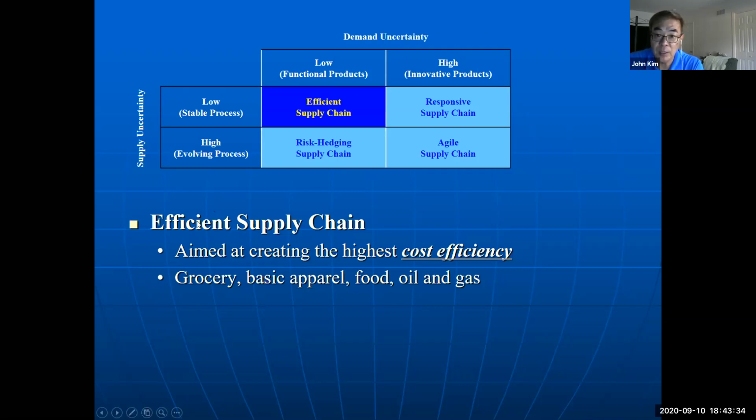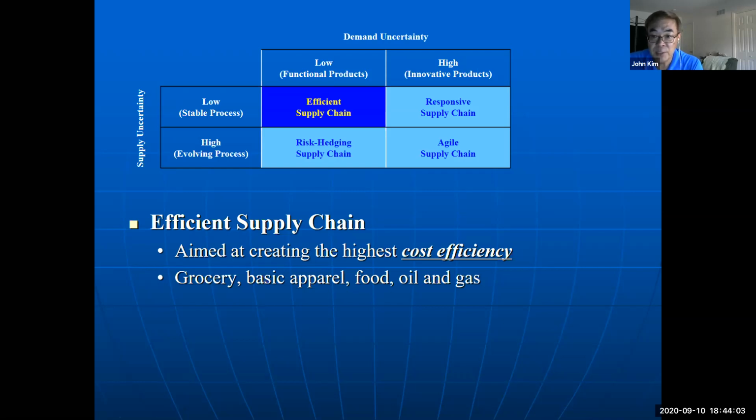So in an efficient supply chain strategy, we aim to focus on cost efficiency. Try to make it cheaper because anytime we can get and anytime we can sell. Examples of the products: grocery, basic apparel, food, oil, and gas, like that.